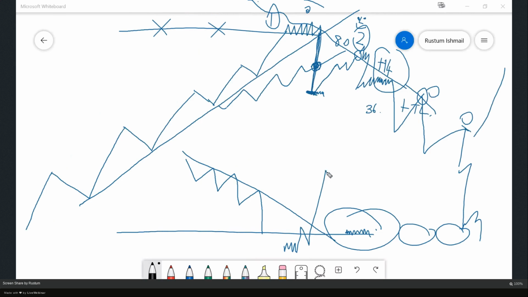Your first pullback on your H4, and you see there's a trend line there. Your first opportunity, another stop hunt, you are in. That's my second opportunity. That was my first. This is my second, but that break and pullback is my first one based on the trending strategy.